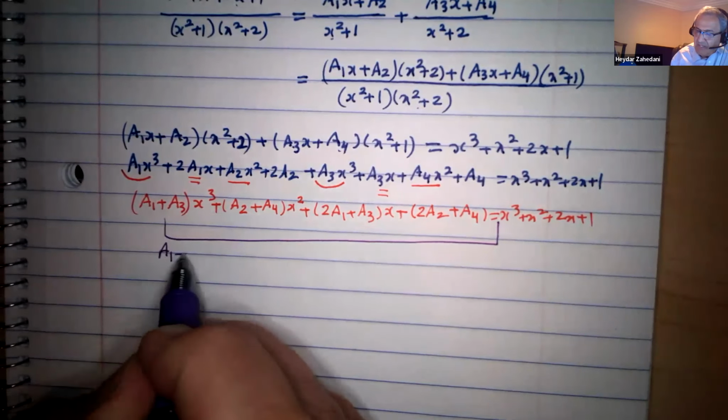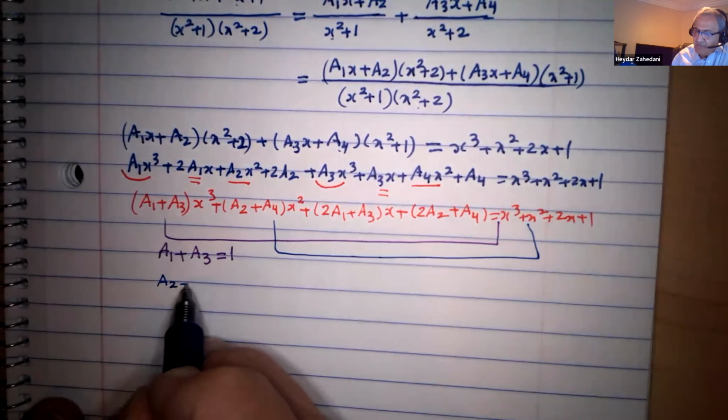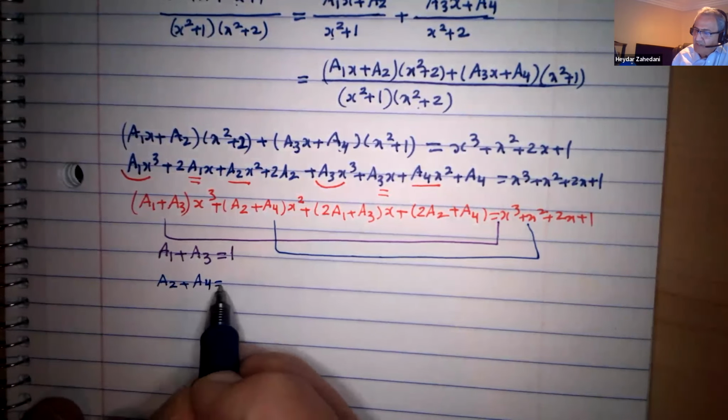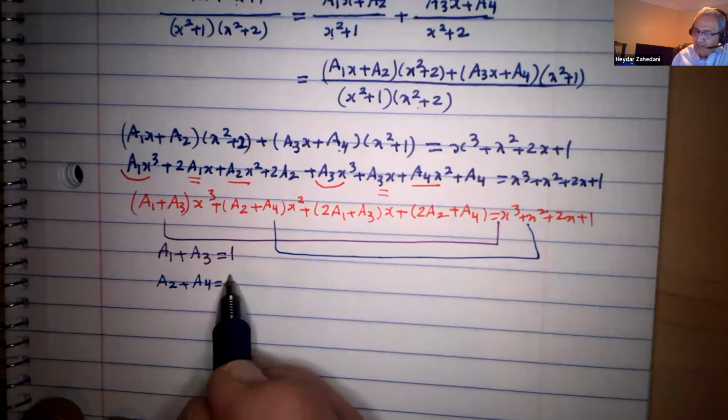We do the same thing for the other ones. The coefficient of x squared is A2 plus A4, and the coefficient of x squared on the right is 1.